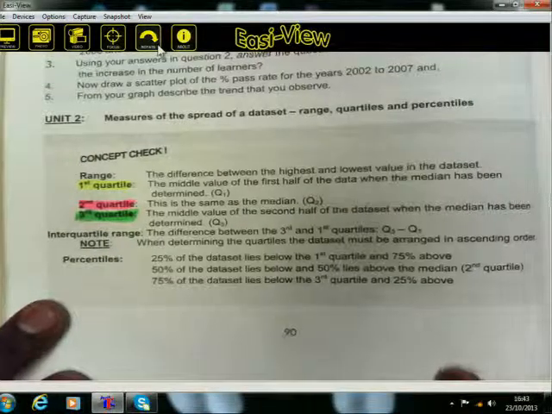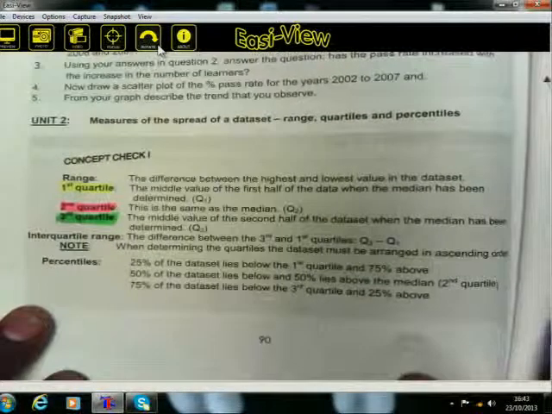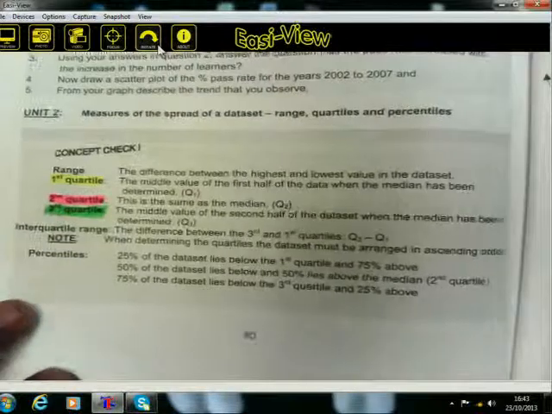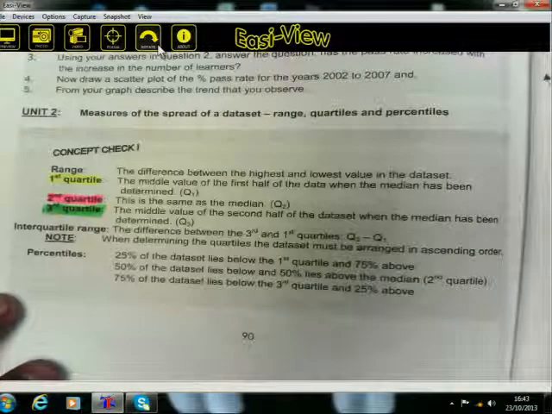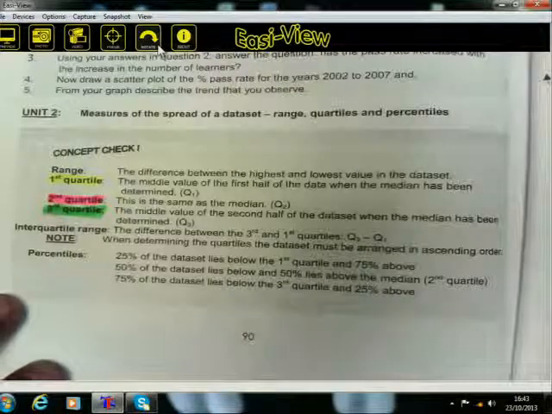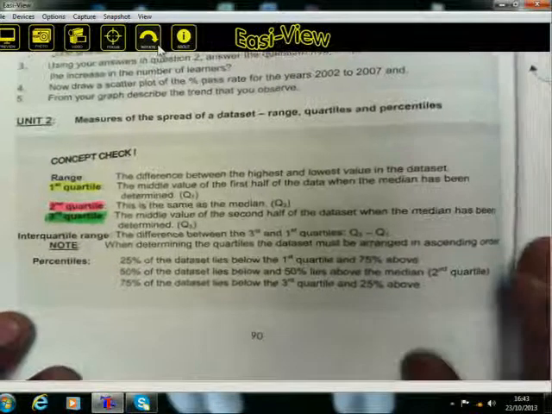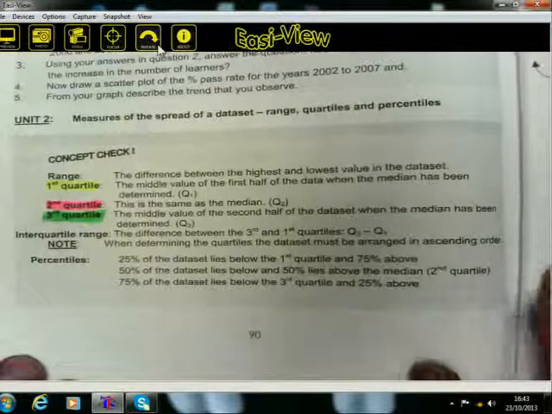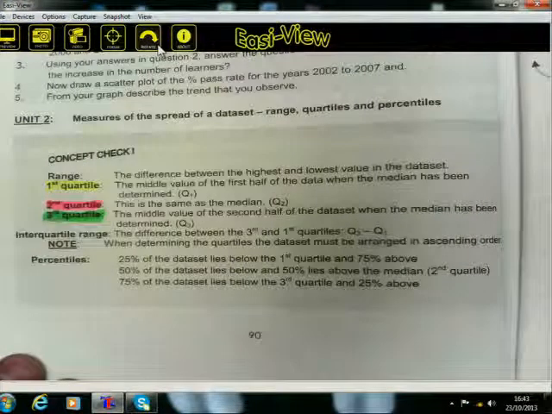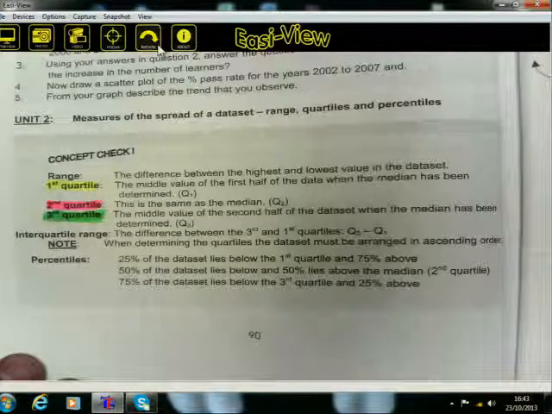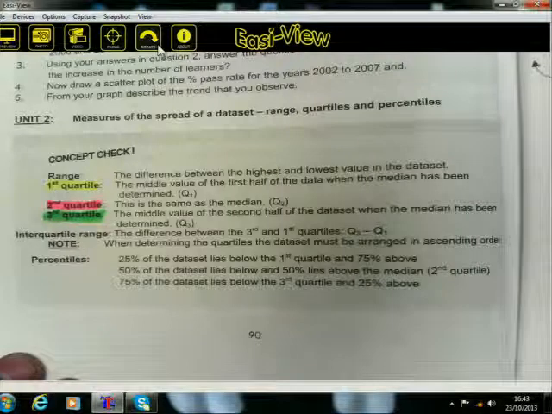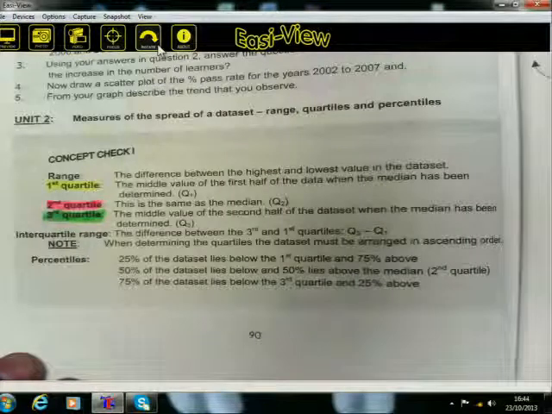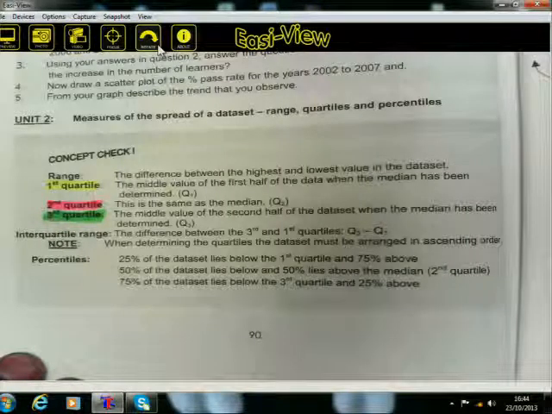Remember, we have the first half, that's the left-hand side when the data is given. And then we have the median, and then we have the right-hand side. That means the left-hand side is the first quartile, the middle one is the second quartile, and the right-hand side one is the third quartile.